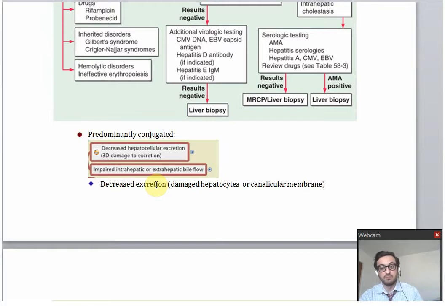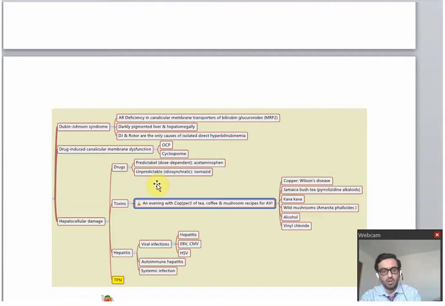Remember one general rule: any condition that causes hepatocellular damage can cause both conjugated and unconjugated hyperbilirubinemia. So hepatocellular damage by drugs and toxins, hepatitis, or total parenteral nutrition can also be causes of conjugated as well as unconjugated hyperbilirubinemias.